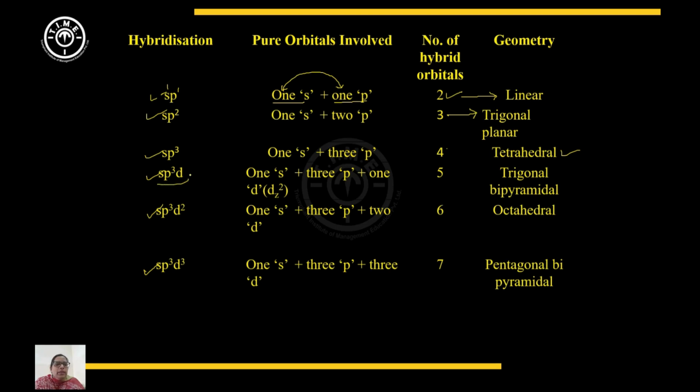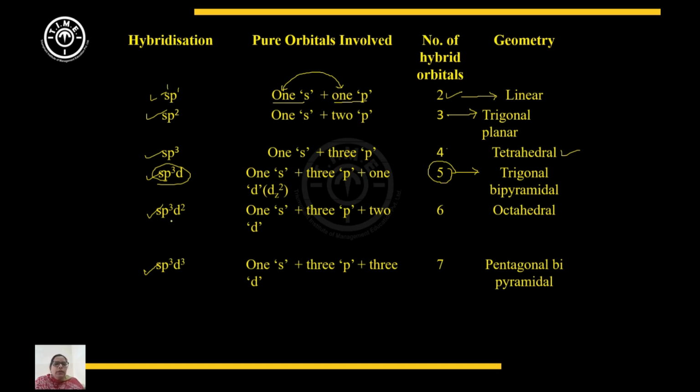In the case of sp3d hybridization, it is 1 s orbital with 3 p orbitals and 1 d orbital. Here the d orbital is dz², and it forms 5 hybrid orbitals, and this leads to the trigonal bipyramidal geometry in the molecule.